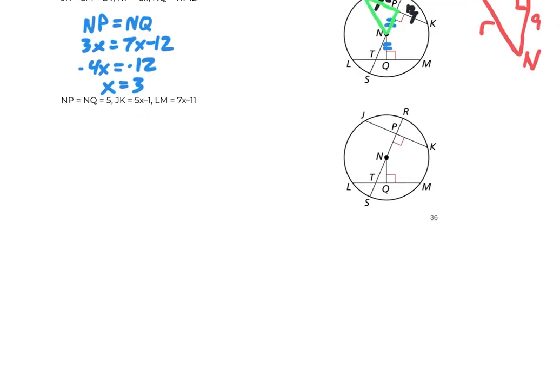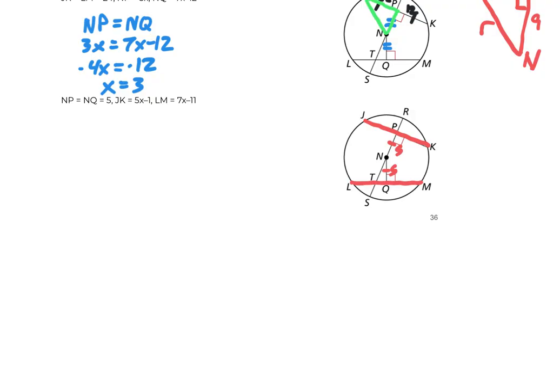On this last one, it's the same idea, a little bit different information is given to us. We know these two pieces are congruent, and they tell me that they're both 5. I'm not going to go through the whole thing and solve it for you here. JK is 5x minus 1. LM is 7x minus 11. What would be true about those two segments, JK and LM?